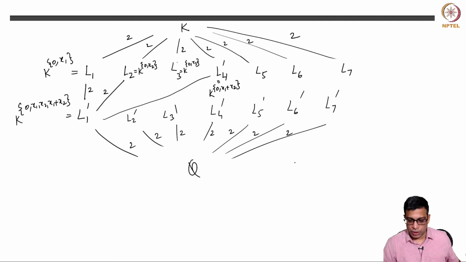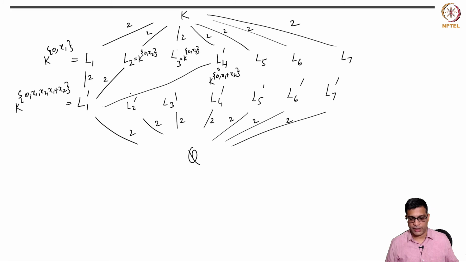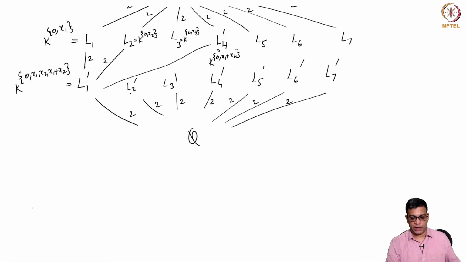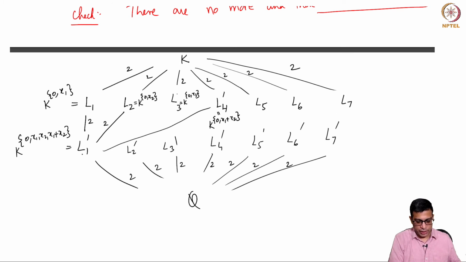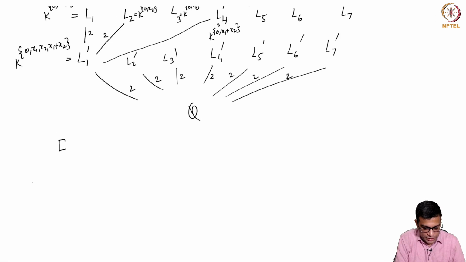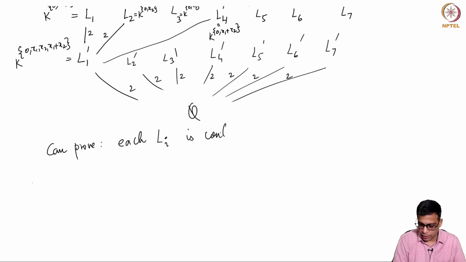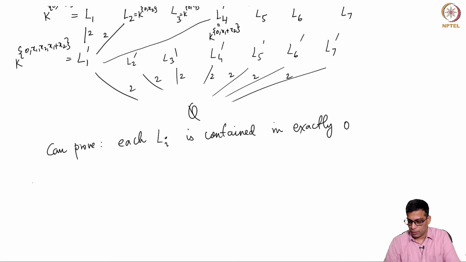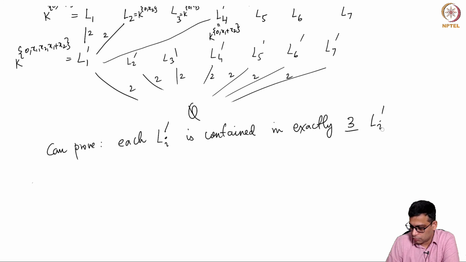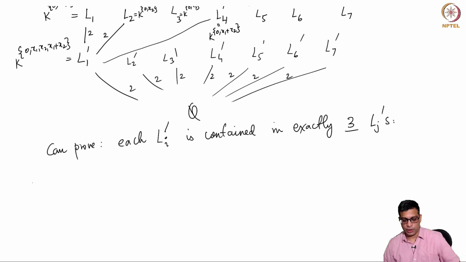Okay, so now the missing thing in this picture is what lines to put between the Li primes and the Li's, which depends on how you are calling these things, and you can prove that each Li prime is contained in exactly 3 Lj's.